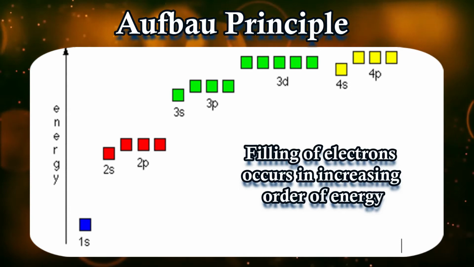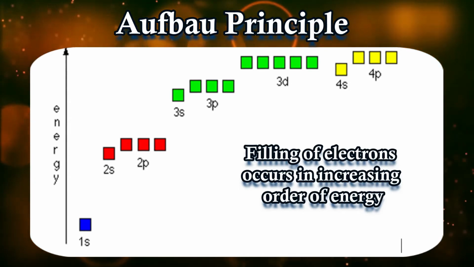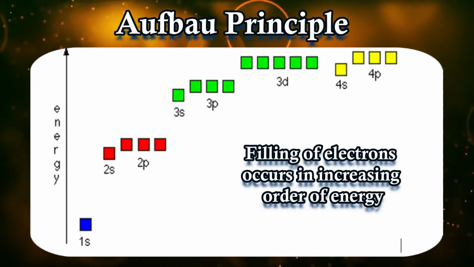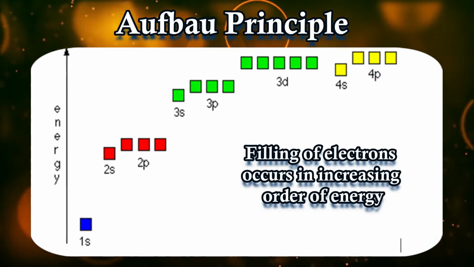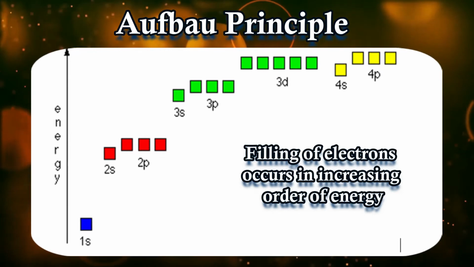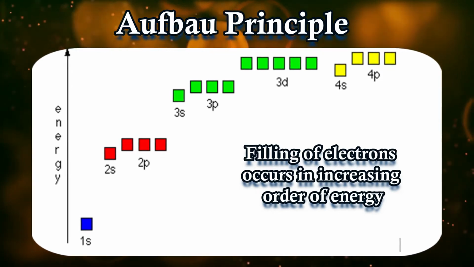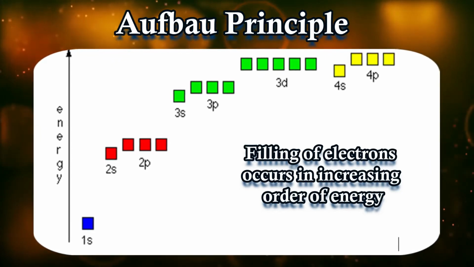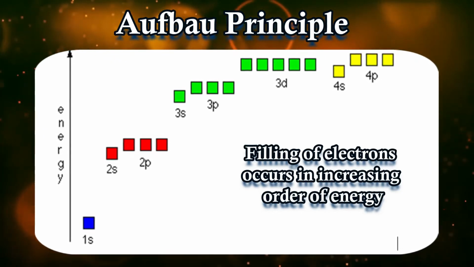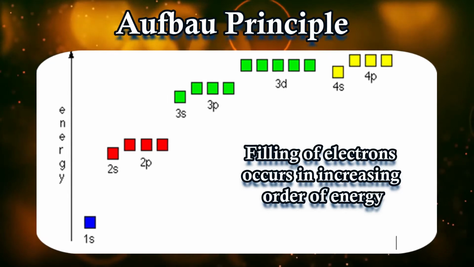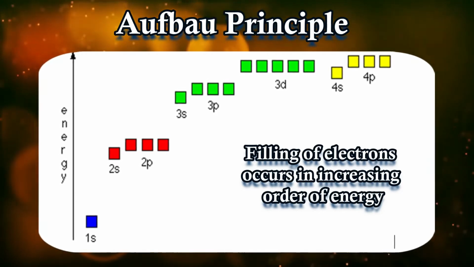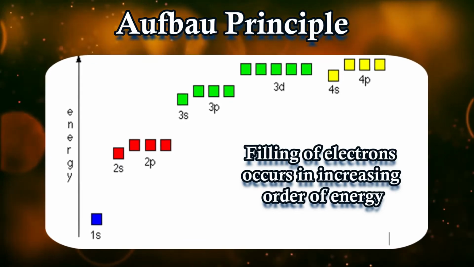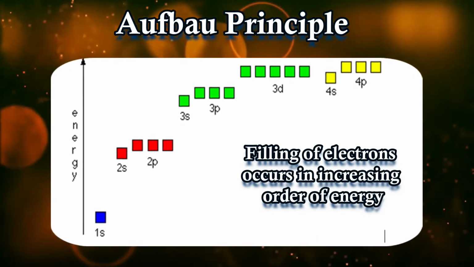Whenever an orbital is filled, the attraction of that particular orbital filled with electrons with the nucleus will be more, right? So as 3d becomes filled gradually, the 3d will be attracted by the nucleus and its size will be smaller than that of 4s, because the number of electrons is more in 3d than in 4s, right? So whenever electrons are moving out, first they will move out from the 4s orbital, and this will be followed by the 3d orbital, right? So this was all about the above principle.